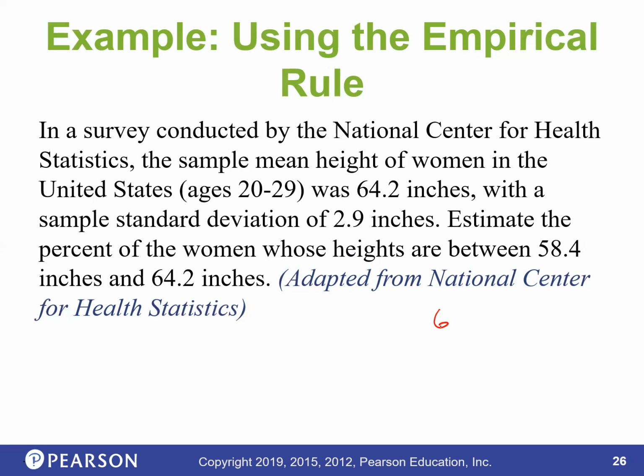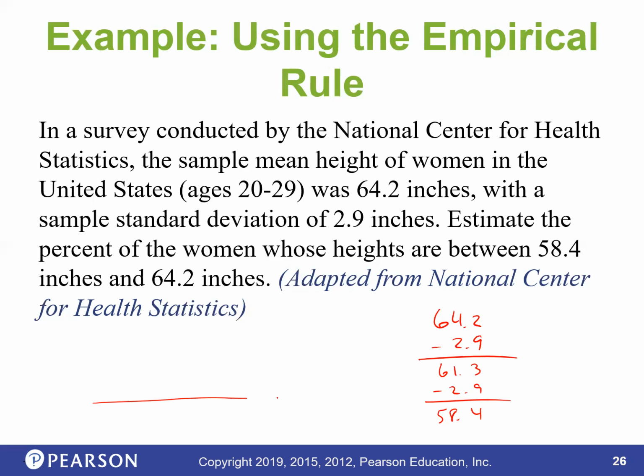So I'm thinking 64.2, subtract 2.9. What is that number? Sorry, 61.3. Perfect. Okay, not there yet. So another 2.9 away. Awesome. I get what I want, which is 58.4. So let's see if we can draw out this diagram here real quick.